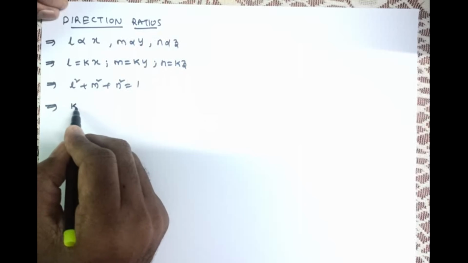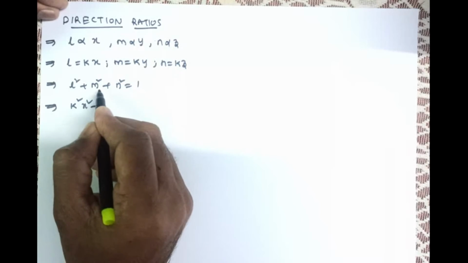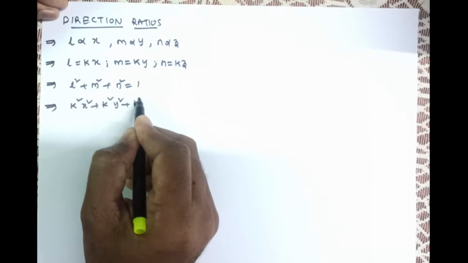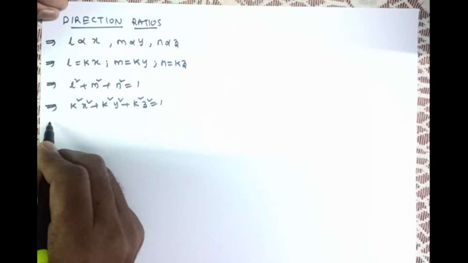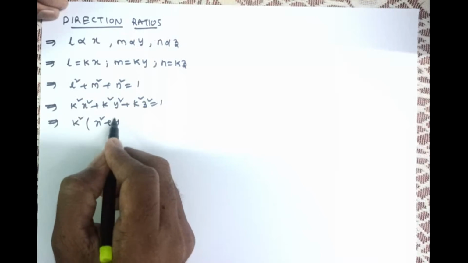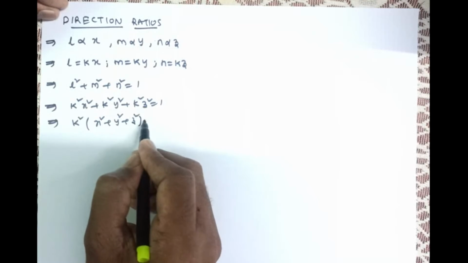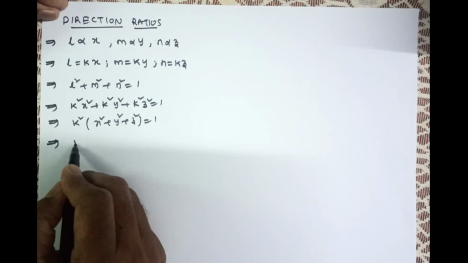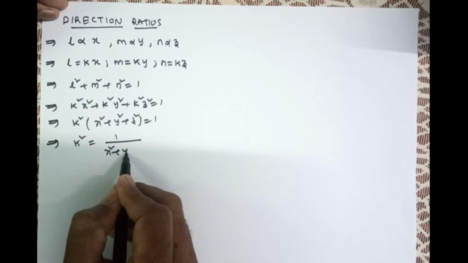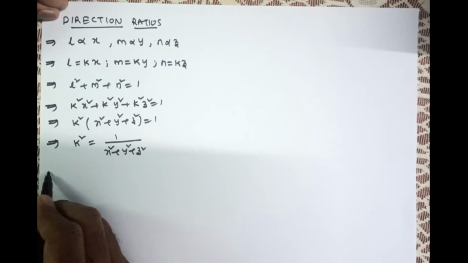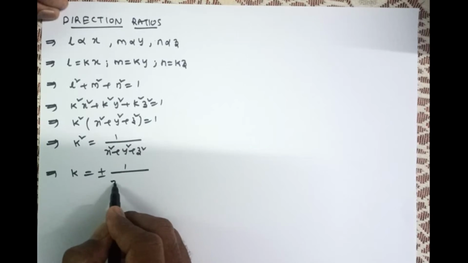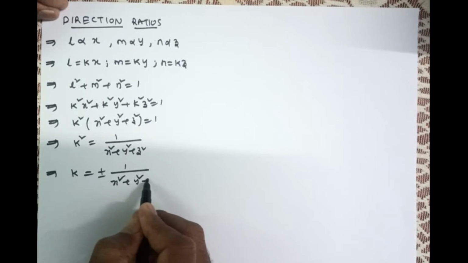If you substitute, it is k square x square plus k square y square plus k square z square is equal to 1. So k square common, then x square plus y square plus z square, that implies k square is equal to 1 by x square plus y square plus z square. That implies k is equal to plus or minus 1 by root over x square plus y square plus z square.